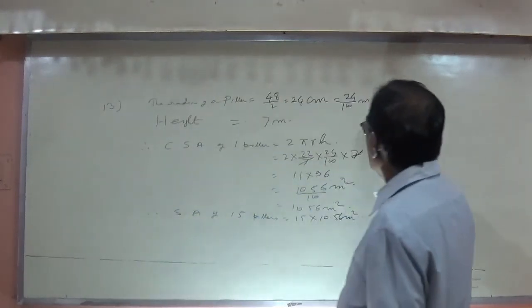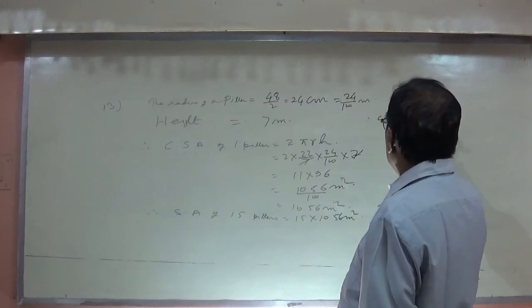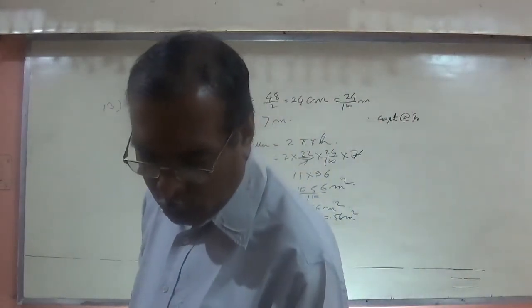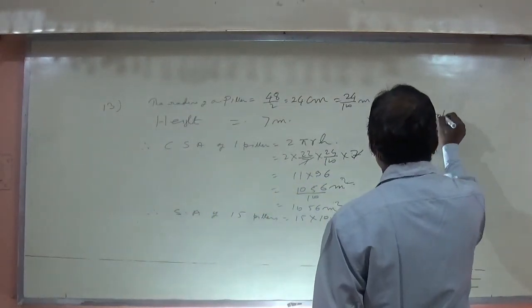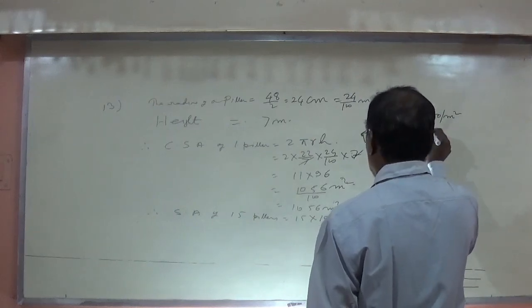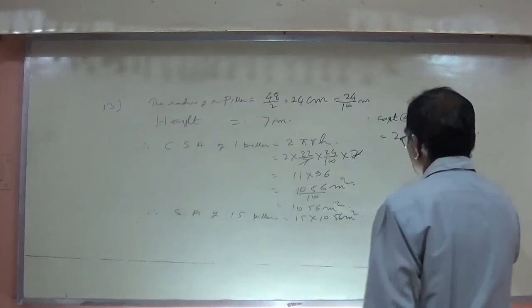Therefore, the cost at the rate of rupees 2.50 per meter square is equal to 2.50 into 15 into 10.56.